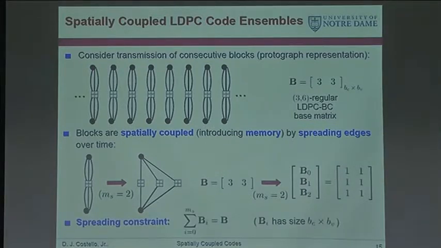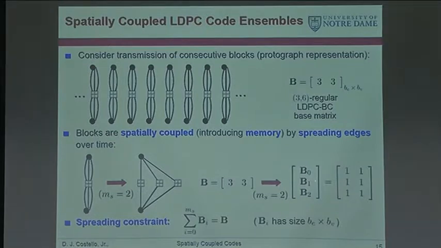So this corresponds, in the H matrix viewpoint, to a syndrome former memory of 2. The constraint on spreading is just that the B sub i's have to add up to the original B that we had. Each B sub i has to have the same size as the original B. By the way, here I'm calling the size of these matrices B sub C by B sub V. They're 1 by 2 in this case. Remember in the first class we were using C minus B by C. So it's the same thing, just different notation.